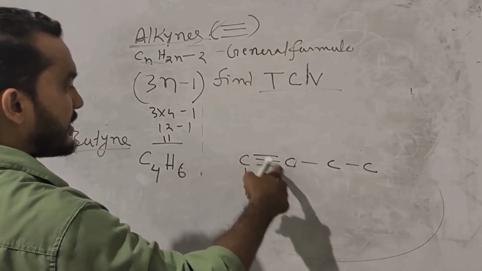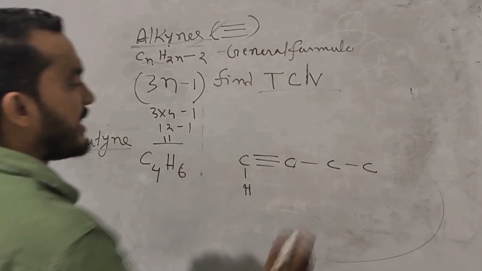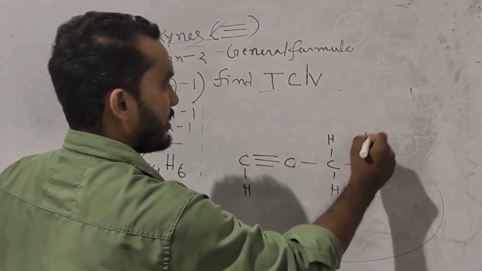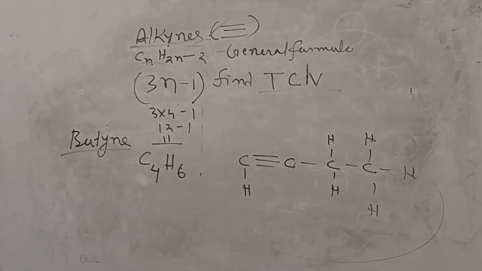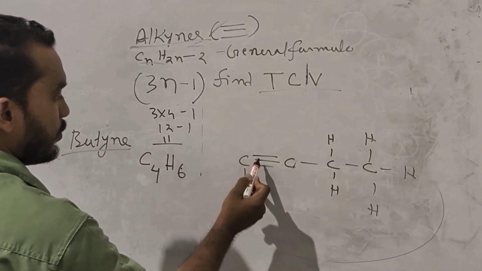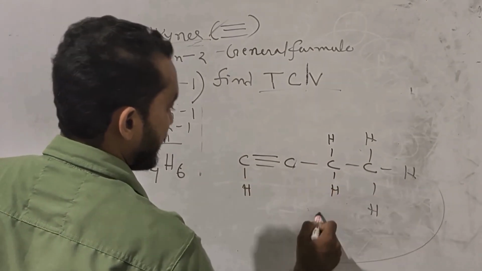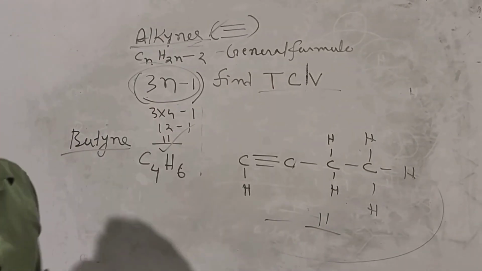Surrounding this carbon 4 bonds are there already, I cannot add more. Here I can add 2 bonds. Now you count the total number of bonds: 1 2 3 4 5 6 7 8 9 10 11. Yes, it matches. So don't waste time, dear students.